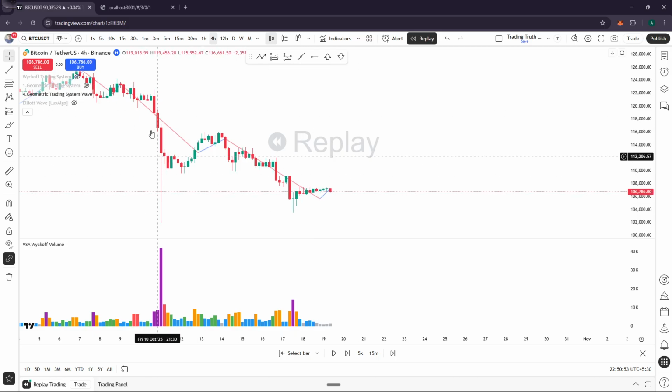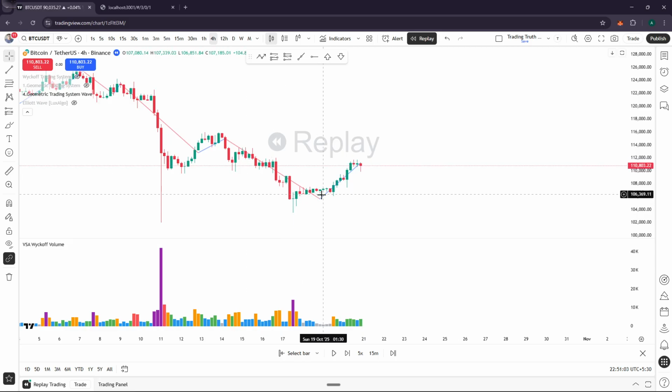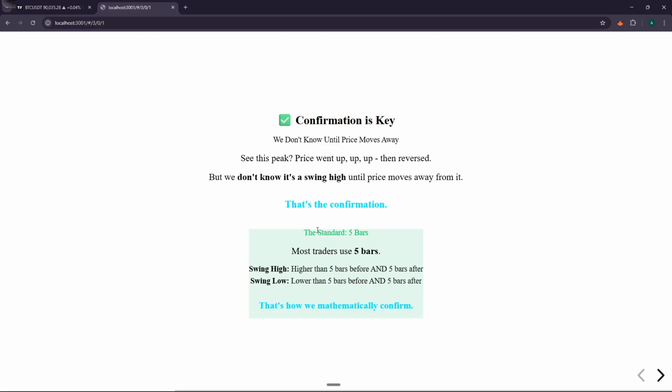This wave actually calculates mathematically and automatically with the average true range, so that we can be sure that when the wave completes, it has accounted for the true range. It's taking the average of the range of the candles before it.